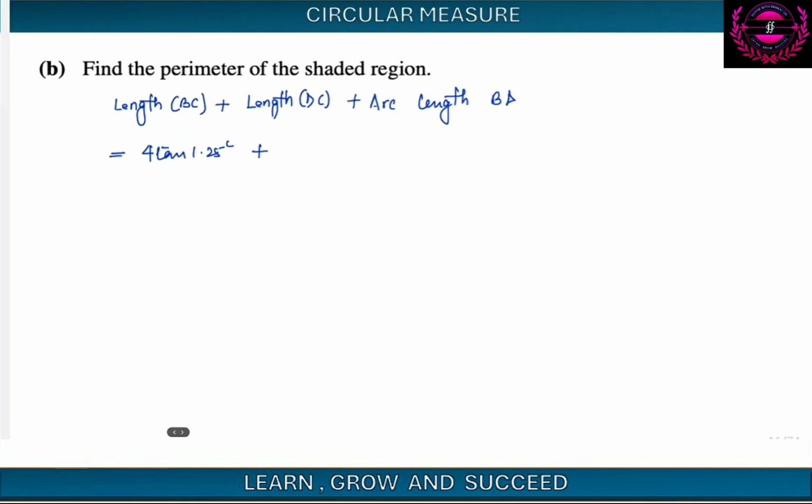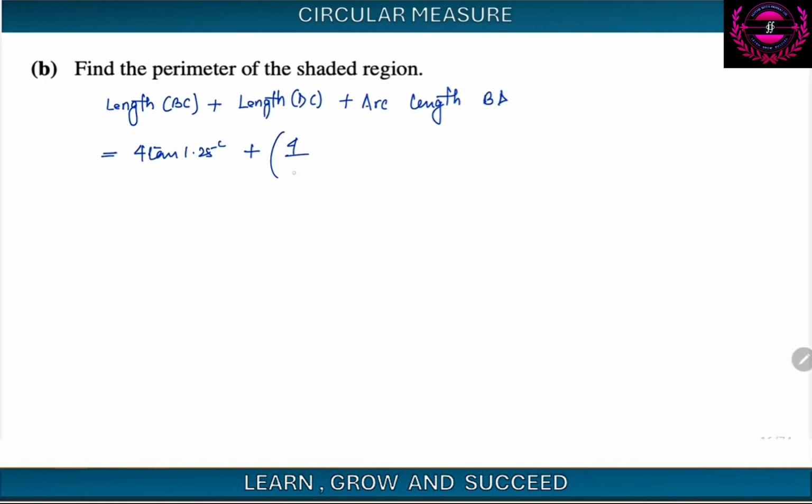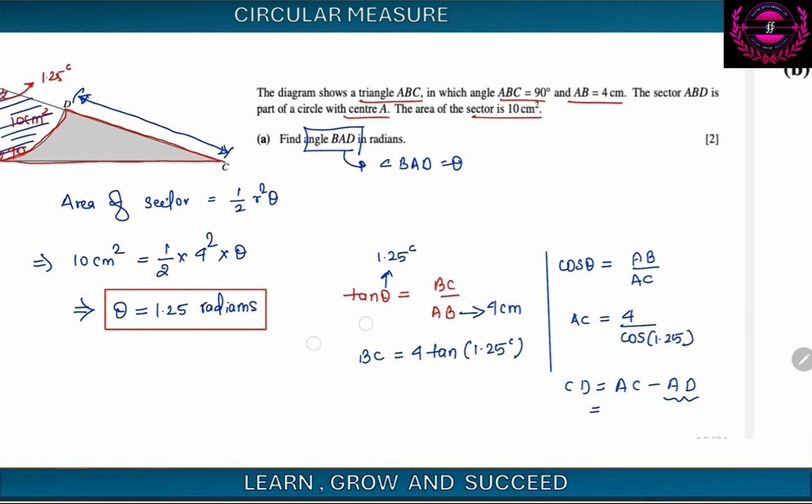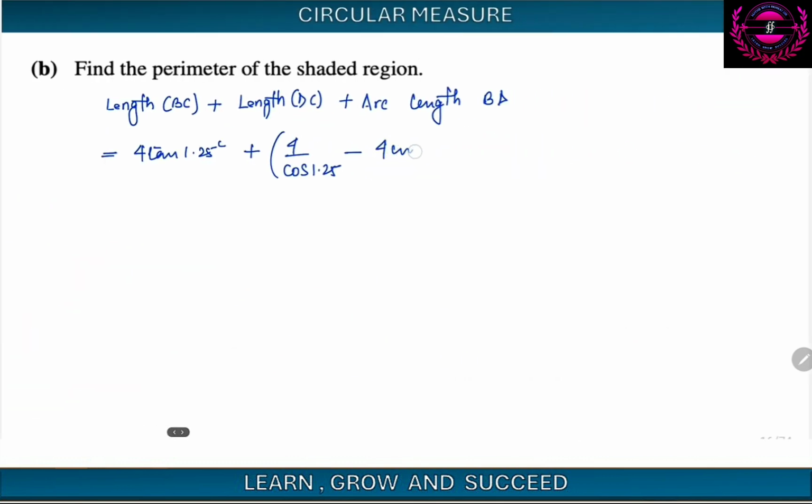AC is 4 upon cos 1.25, minus AD. AD is 4 centimeters, equal to the radius, plus arc length. Arc length is r into theta. So r is 4 and theta is 1.25, which will give us the total perimeter equal to 25.7 centimeters.